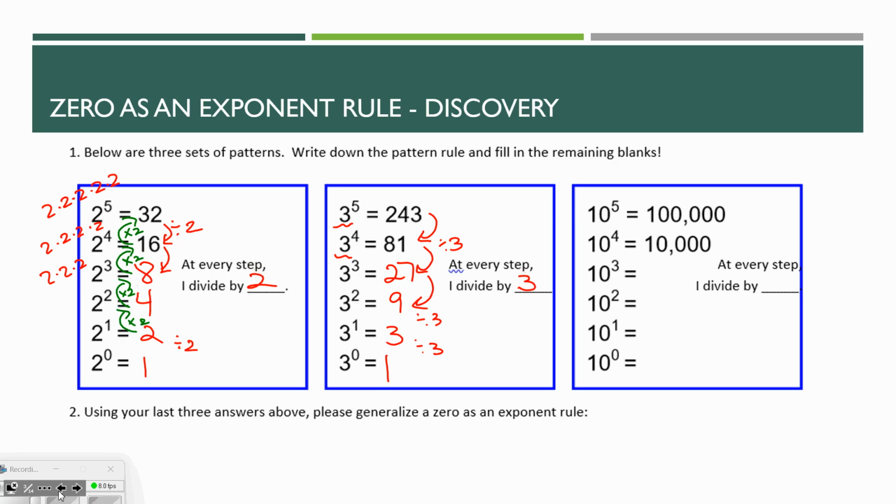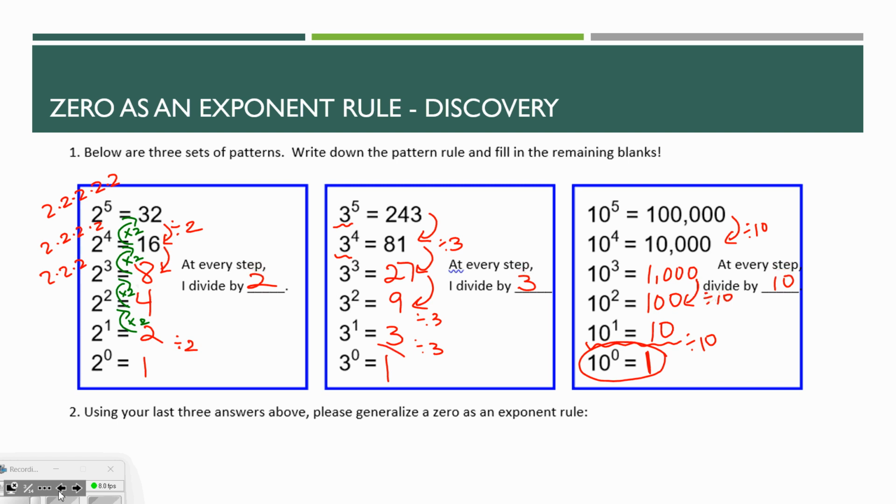So hopefully you'll notice that at every step going down, I'm dividing by 10, because that's my base. 100 divided by 10 is 10. And that makes sense because I know that 10 to the 1st is 10. Well, if I take 10 and divide by 10, what do I get? 1, right?